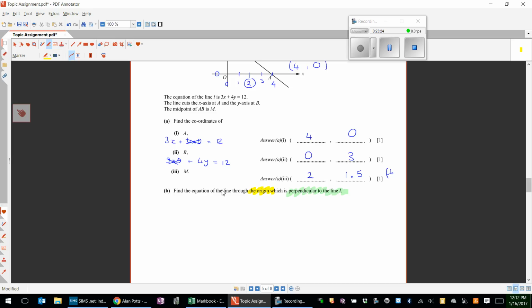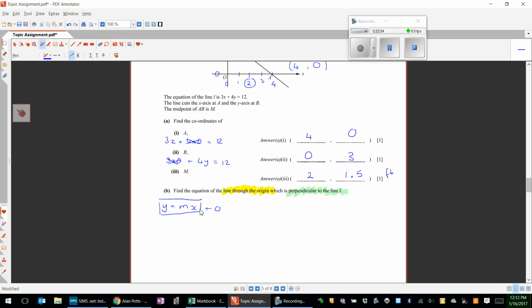So if we're looking for an equation of the line, if it's through the origin, that means it must be y equals mx plus 0. I'm not going to penalise you for doing the plus 0, but you wouldn't write it. So we are just looking for an equation of the form y equals mx. Right, which makes it so much easier.